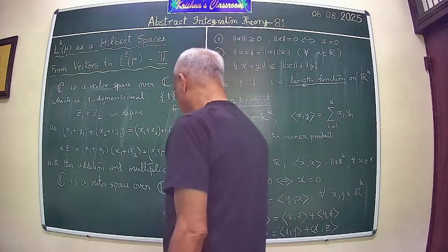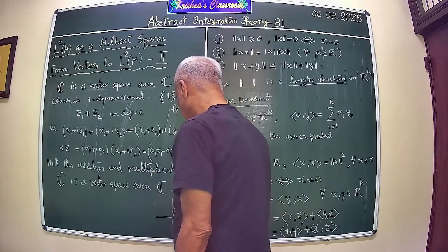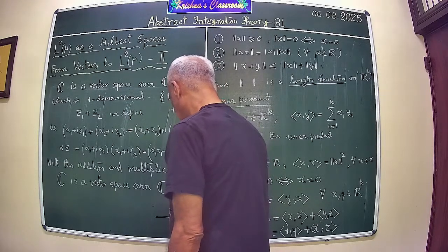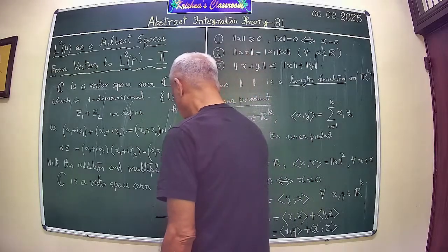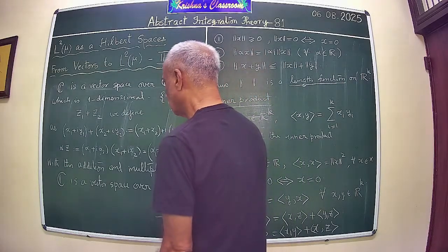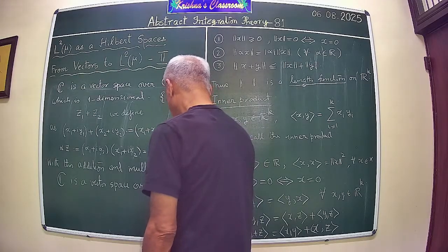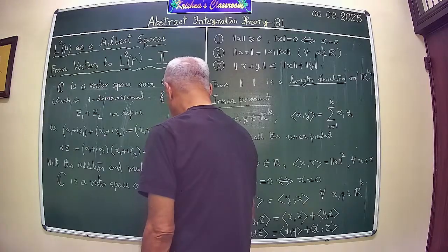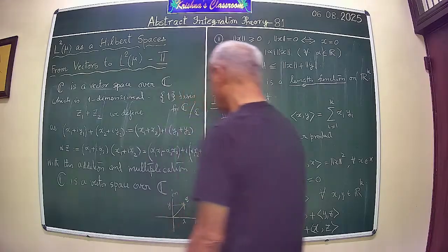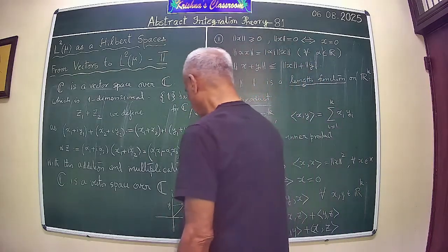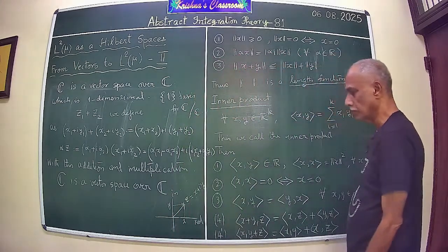Now we have the complex plane. Now suppose Z is a vector. Suppose this is Z. This is the real axis, this is the imaginary axis. So Z is equal to x plus iy. That is the number.